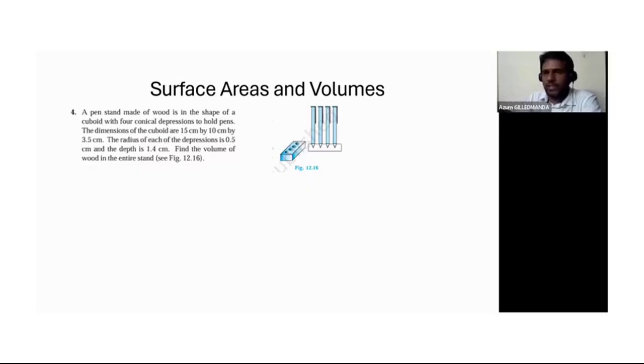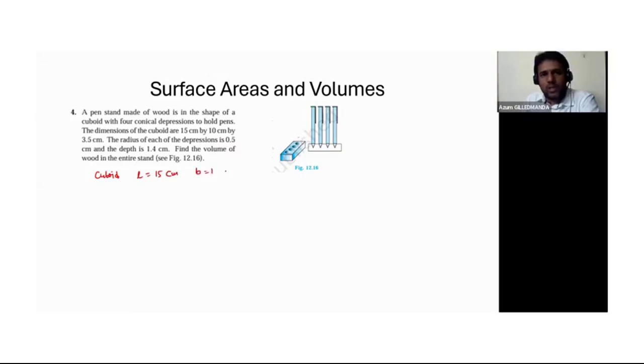It's a 3D shape actually. It has a length, it has breadth, it has height. If all are equal, then it is a cube. If they are not equal, then it's a cuboid. So if you look at the shape here, it is like exactly our geometry box, right? It's a cuboid, and the dimensions are given. For a cuboid, the dimensions are length, breadth, and height. L is given, that is 15 centimeters.